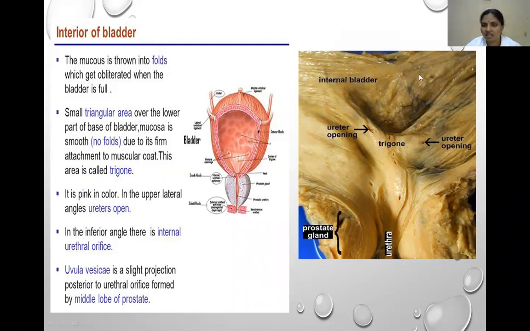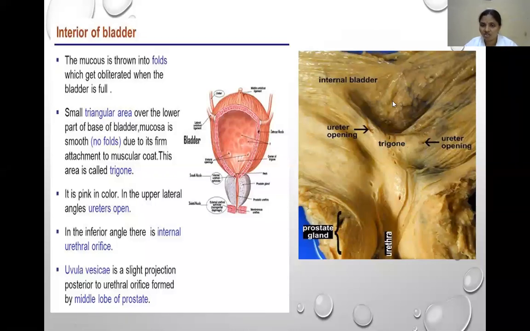That triangular area is known as the internal trigone, or simply the trigone of the bladder. So what is the trigone? It is smooth and glistening. Why? Because over this area, the mucosa is directly adherent to the underlying muscle without any intervention of connective tissue.